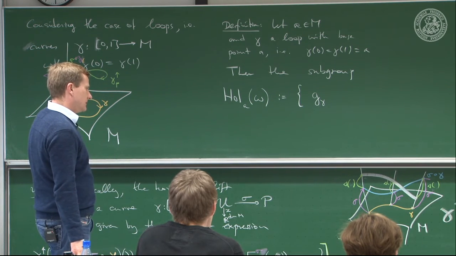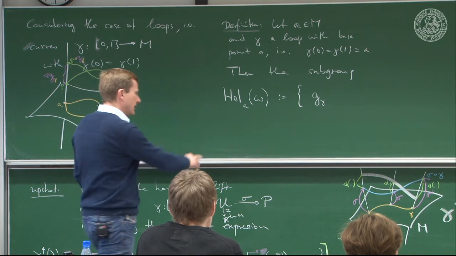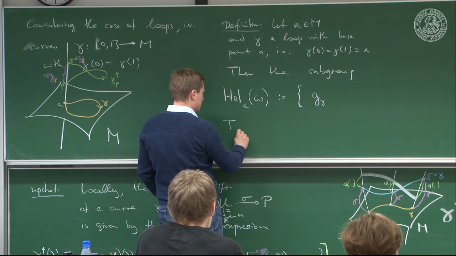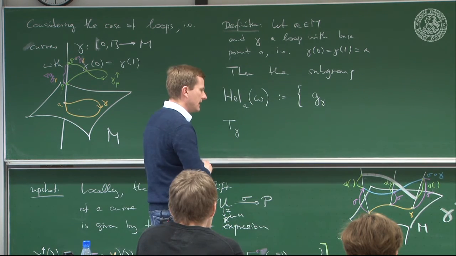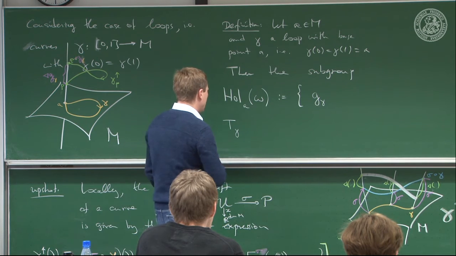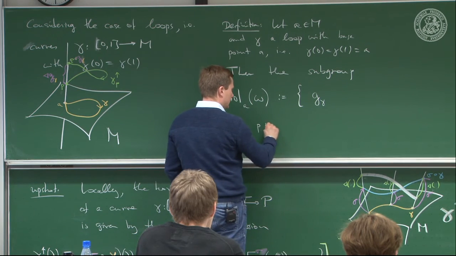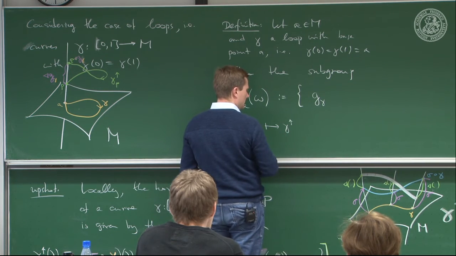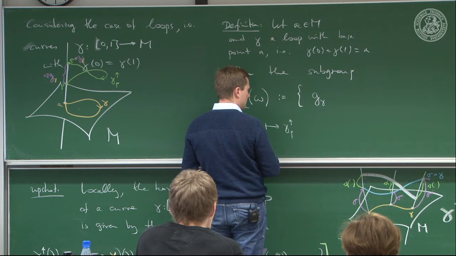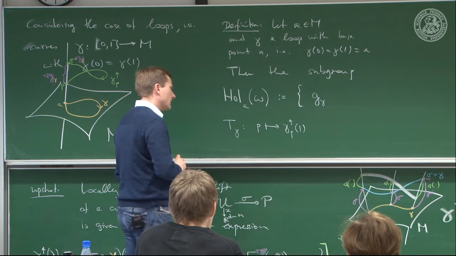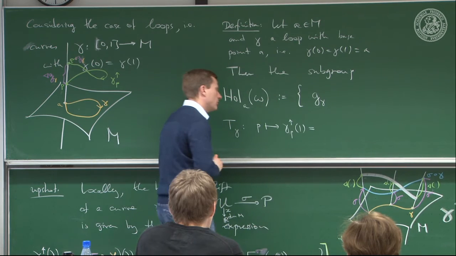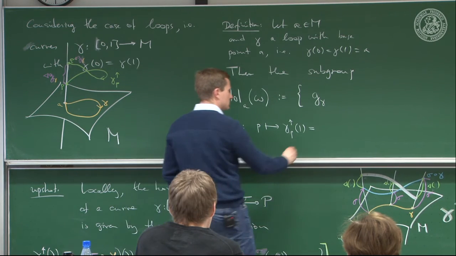So I need to express this guy over here. Okay, so before I finish this, I say I look at the parallel transport map for this guy, gamma, for this loop. And I know that that associates with any point P, the point horizontal lift through that point at 1. But I know because this is in the final fiber, and the final fiber coincides with the initial fiber, this is because we have a loop.